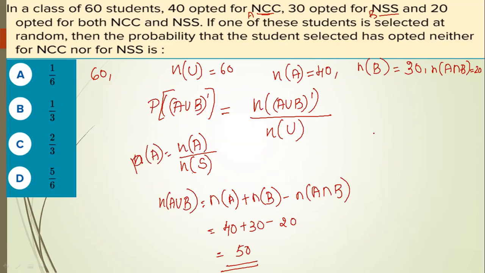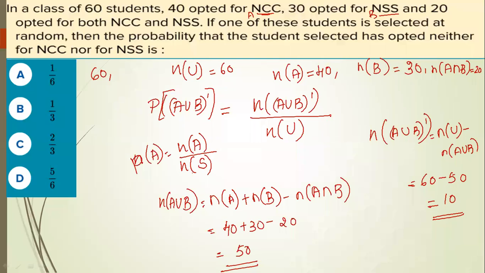Then how to find n of A union B whole dash? It is n of U minus n of A union B. We need neither, which means from the total set you have to subtract either. That is 60 minus 50, which is 10. So it is 10 divided by 60, because n of U is 60. The answer is 1 by 6. Good.